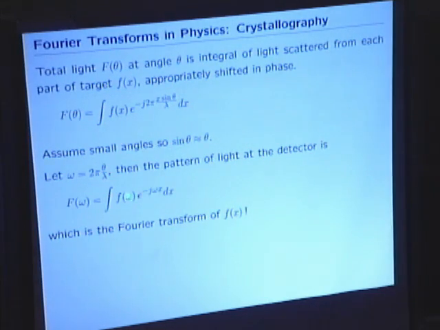So I'm thinking about now the far field, which we had previously called dependent on theta. Theta is just omega. So I've got a relationship now between how much scattering happens at each x in the target and what the picture looks like in the far field. And that's a Fourier transform. Okay? So there's an exact Fourier transform relationship.